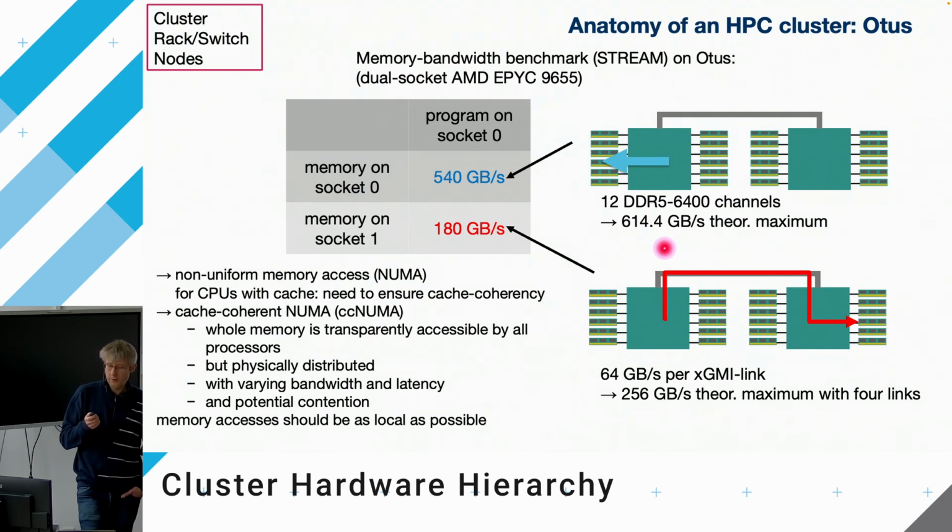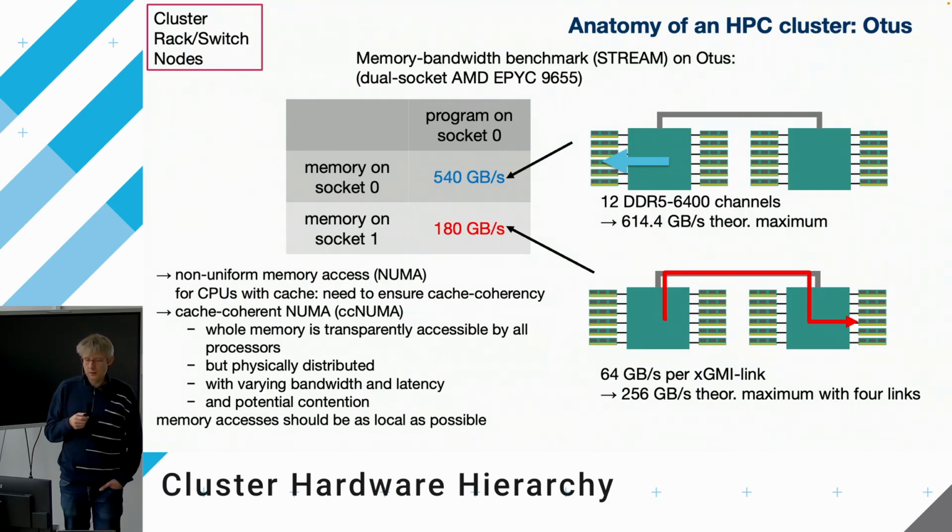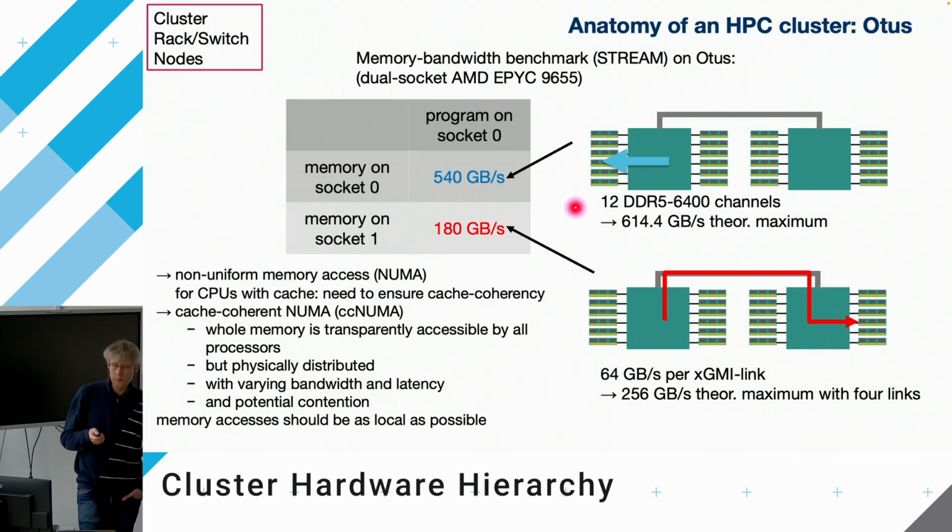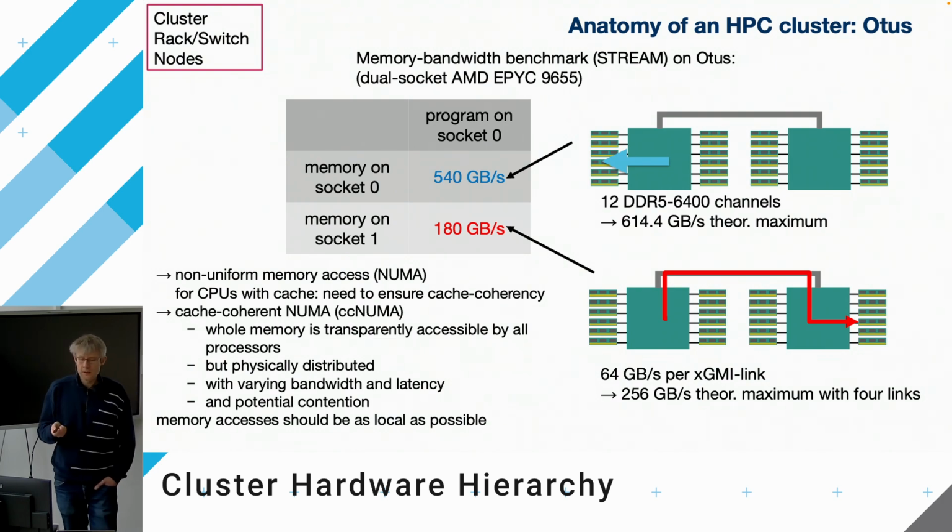If we look at the theoretical maximum bandwidth of the memory, we can compute a peak bandwidth of over 600 gigabytes per second. But if we actually measure it, it's a little bit less. There's some overhead, maybe some congestion, and we can reach maybe 540 gigabytes per second if a process runs on one socket and accesses the data in the memory that is directly connected to the socket.